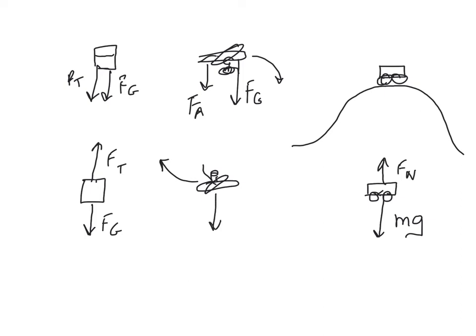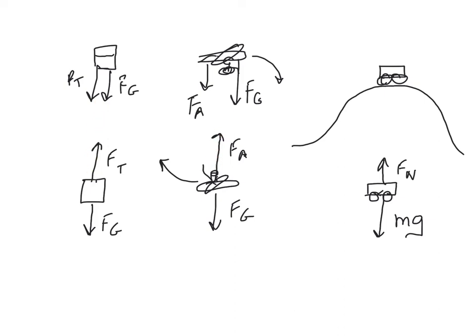But if it's moving in a circle, that airplane air force must be bigger than mg. Just like here, if you were holding the bucket steady, the tension force would equal mg. But since it's moving in a circle, it needs to be a net force up. And so the net force up has to be bigger.